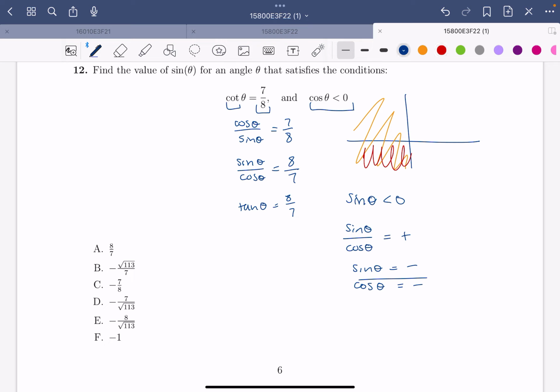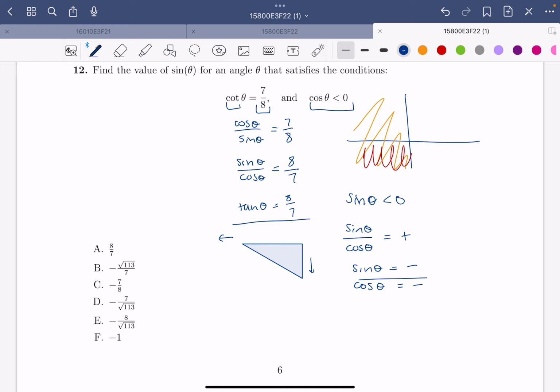So when we draw our triangle, which again is 8 and 7, we can go ahead and draw our triangle like it's in the third quadrant. So that looks something like this, where the x is pointing in the negative direction and the y is also pointing in the negative direction.